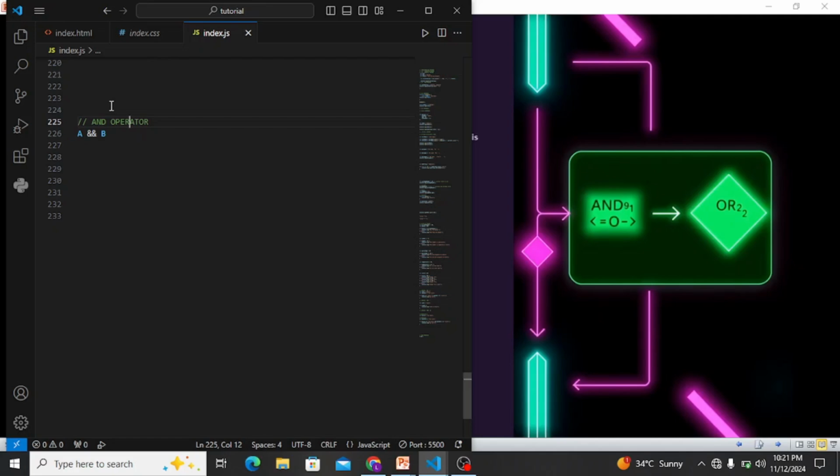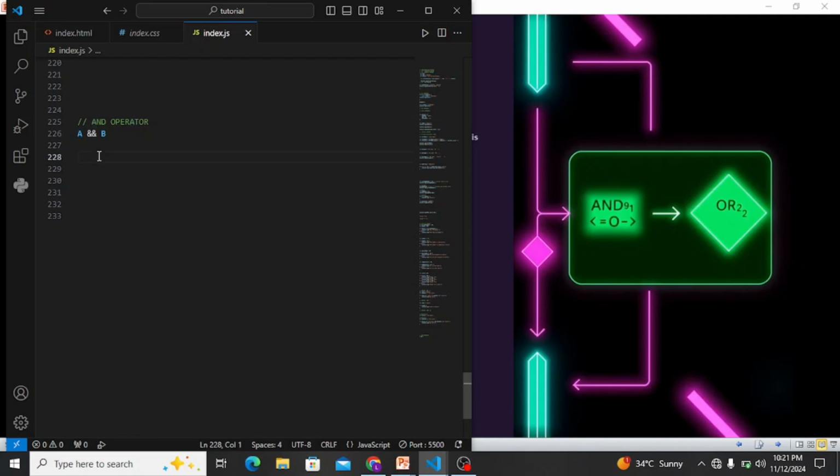That means both condition A and condition B must be true for the AND operator to actually give us true, right? Now if A is false, no need to even check whether B is true because it will definitely give me false. You get what I'm trying to say, guys? That's what we call short circuiting. That means by knowing what A is, we already know what the outcome will be.